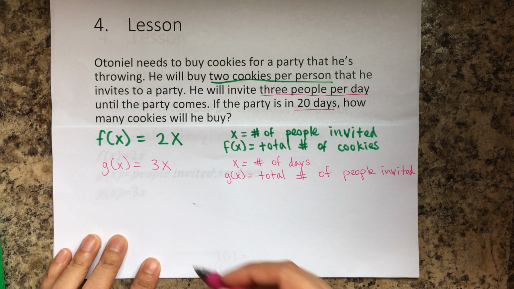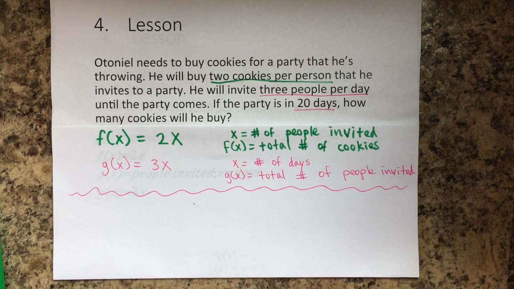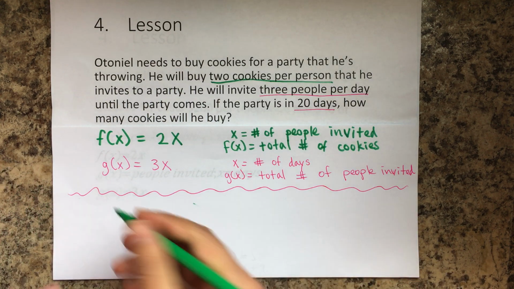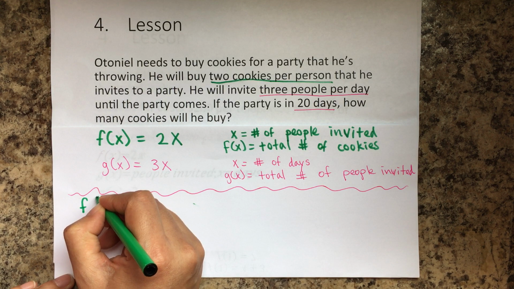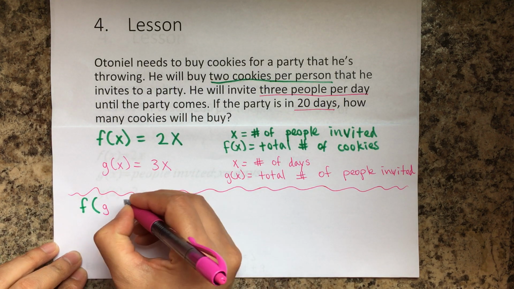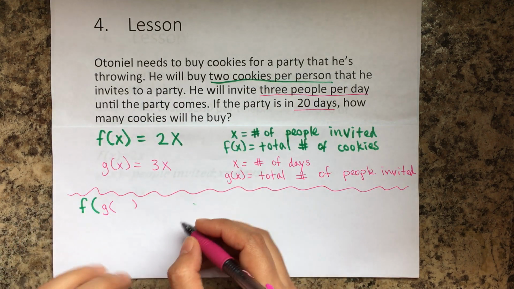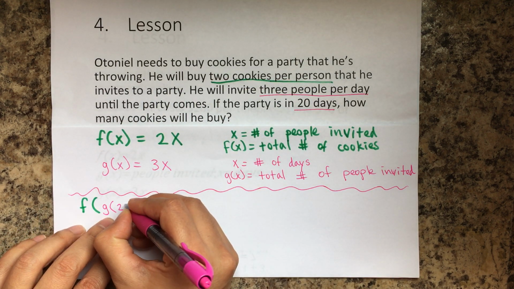We can find that part first. If we want to know what the embedded function would be, it would look like this: f of g of, and instead of x, we know that it's 20 days, so it will be f of g of 20.